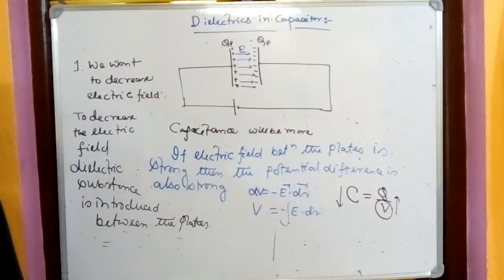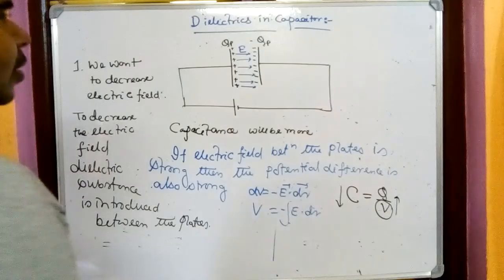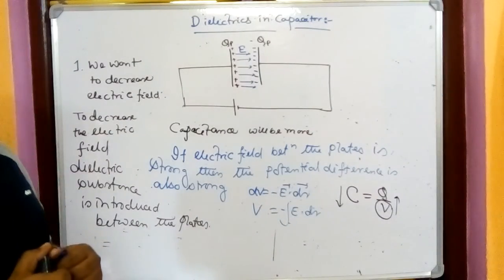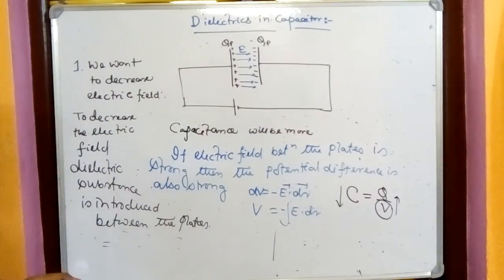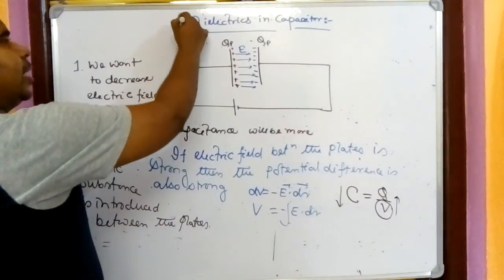Now you might be asking, sir, we don't know dielectrics. So dielectrics is introduced, that we have learned, but how does a dielectric decrease the electric field, how can we understand it? For that reason, today's topic is all about dielectrics.